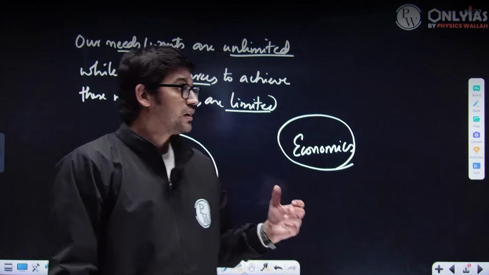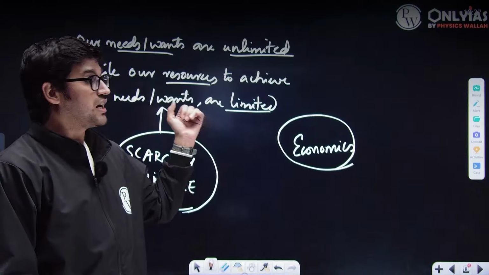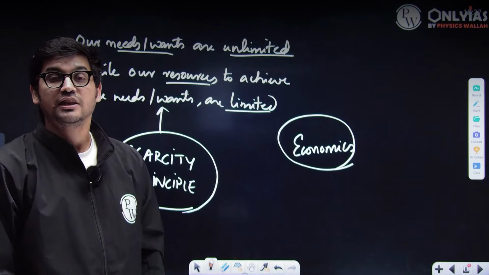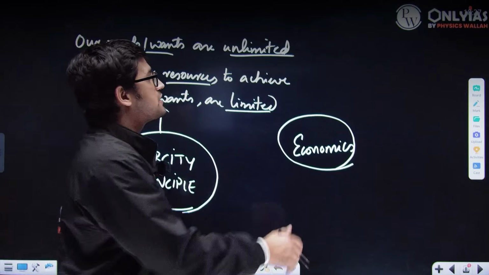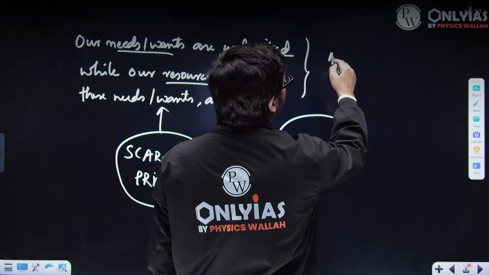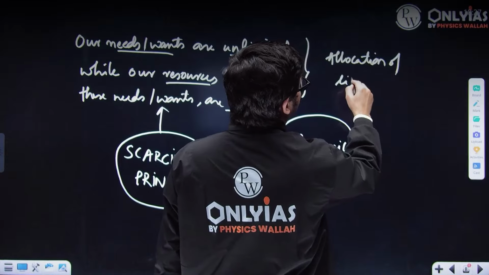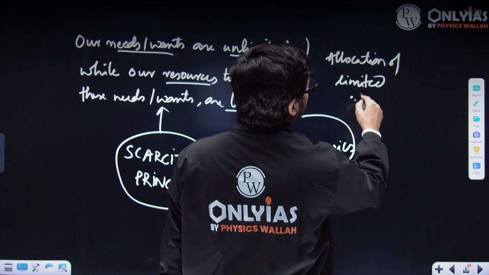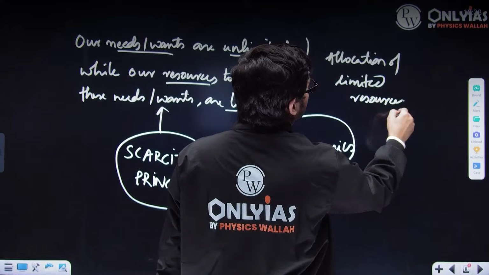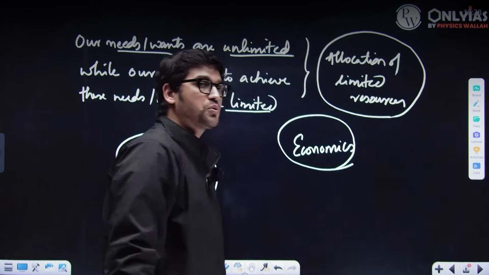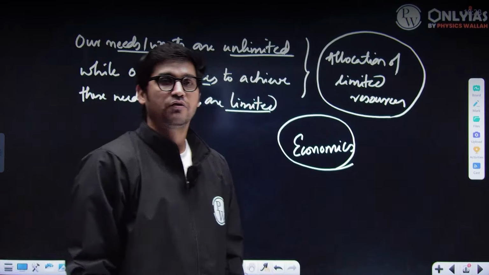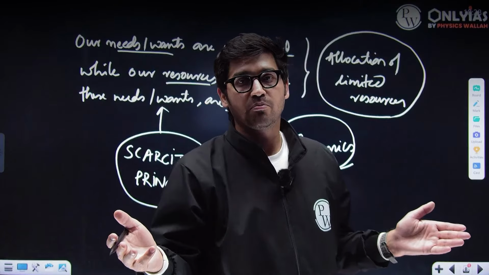Now, because our needs and wants are unlimited while our resources are limited, the question that arises is how do we allocate these limited resources to make sure that we produce happiness for the maximum possible people.